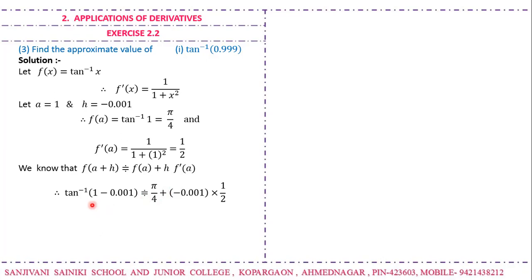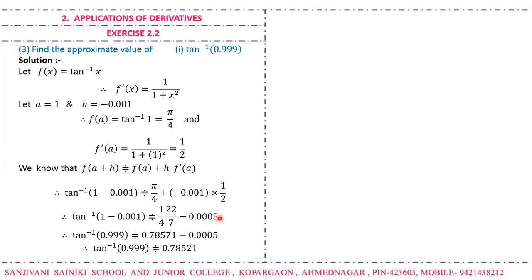So tan inverse of 1 minus 0.001 is approximately equal to pi by 4 plus minus 0.001 into 1 upon 2. So tan inverse of 1 minus 0.001 is approximately equal to 1 upon 4 into 22 by 7 minus 0.0005. That is, tan inverse of 0.999 is approximately equal to 0.78521.